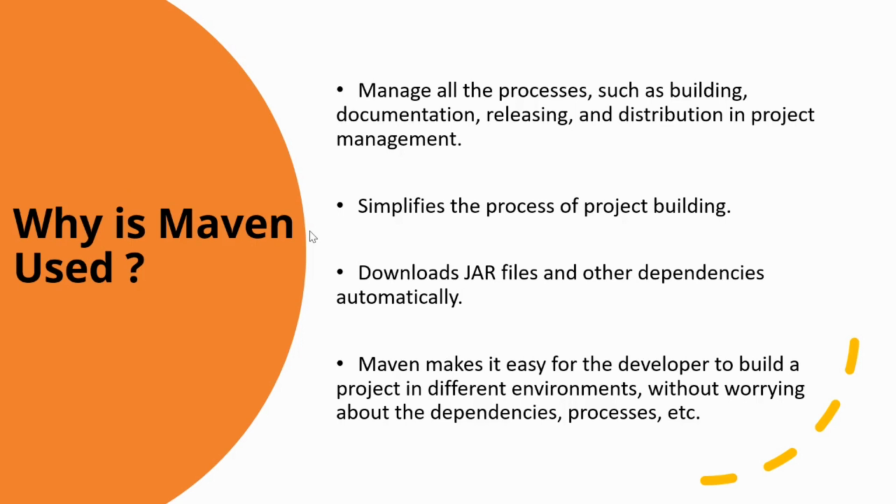The task of downloading the jar files and other dependencies is done automatically. Maven makes it easy for the developer to build a project in different environments without worrying about the dependencies, processes, etc. So remember that in Maven, it is simple to add new dependencies. All you need to do is to write the dependency code in the POM file.